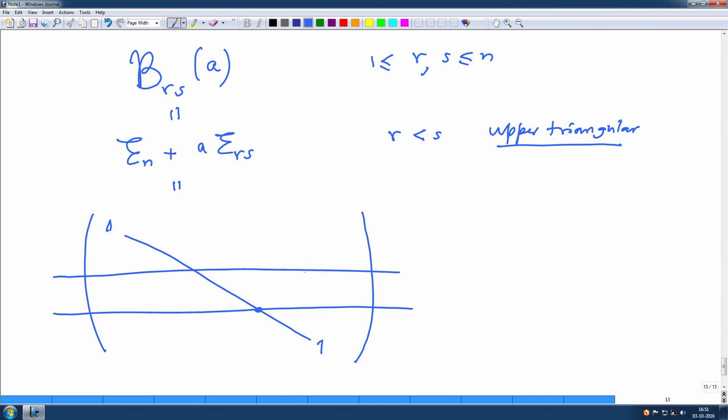If r is here, we are not changing the sth row, we are changing the rth row. This we are adding here by a multiple of a. So it becomes upper triangular. Similarly, if r is bigger than s, then it is lower triangular.